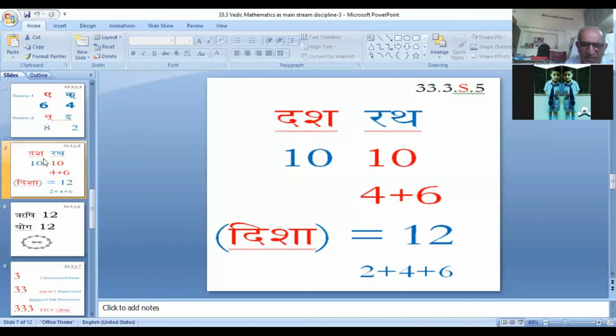This learning and teaching of mathematics as mathematics is the cause and the reason why Vedic mathematics of Ganita Sutras deserves to be approached as a mainstream discipline.